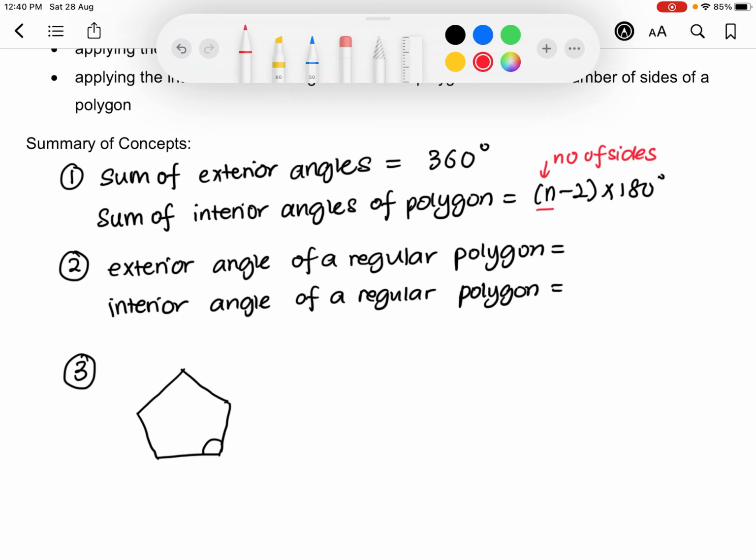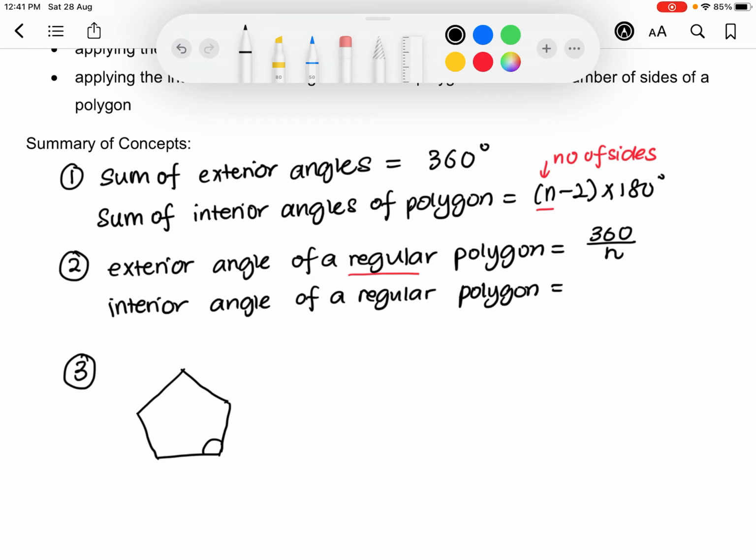And next concept, the exterior angle of one regular polygon, since the total exterior angle is 360, will be 360 degrees divided by n.